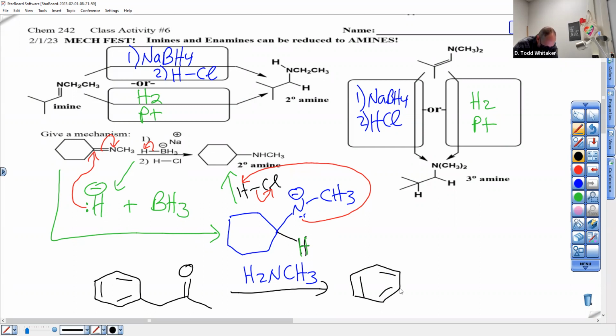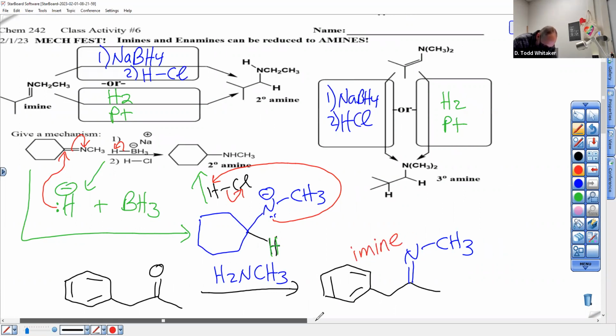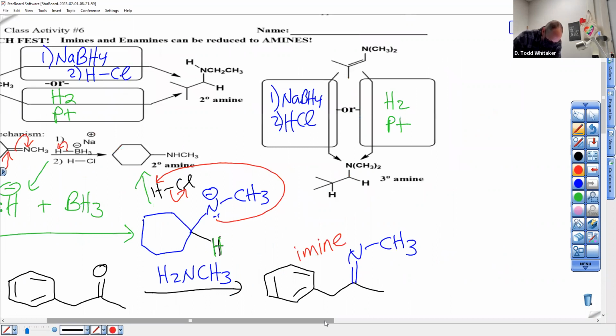So we got this. That's what functional group you got there? Imine, yeah, close, imine. That was just a pronunciation issue. And you're gonna react that with, well, you could use one of the two chemicals listed above.